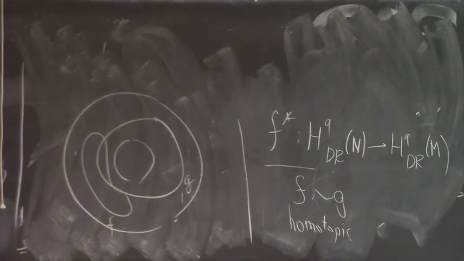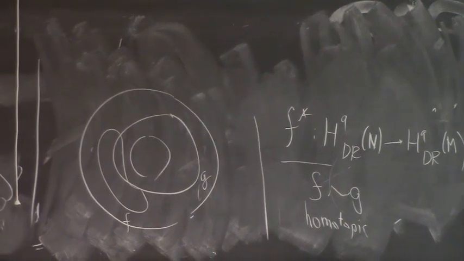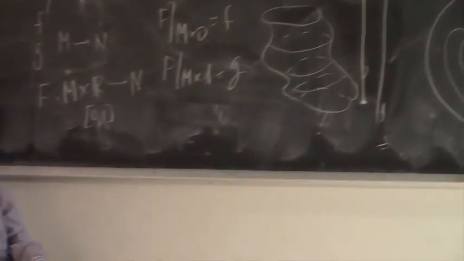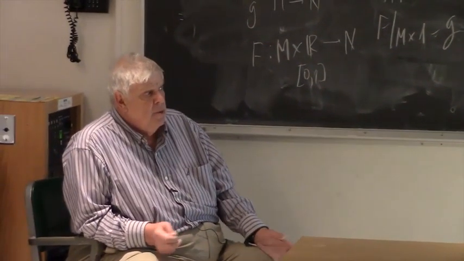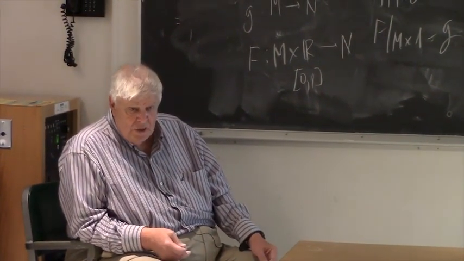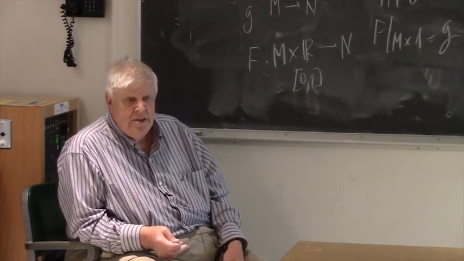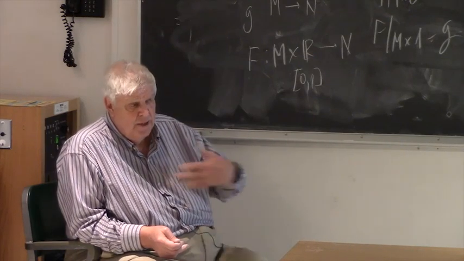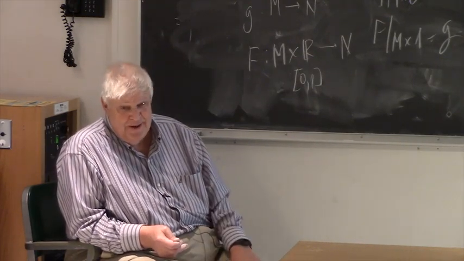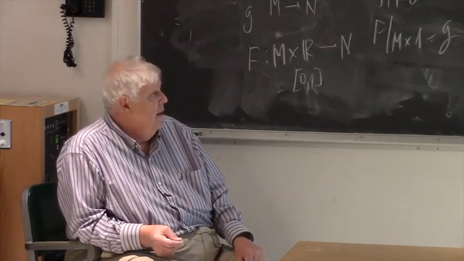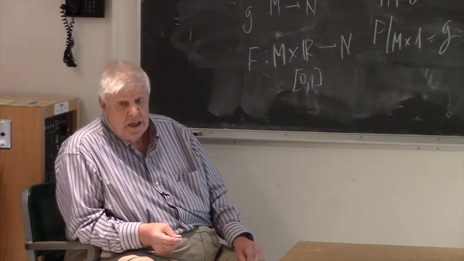So a circle is mapped into this annulus. In one case, the curve goes around the hole. In the other case, it doesn't go around the hole. These two maps are not homotopic. Easy to believe, not so easy to prove, but it is a fact. It is true. Not so easy to prove, mostly because it's always difficult to prove theorems which seem immediately obvious geometrically. What is there to prove? Certainly, just look at it. So maps may be homotopic or not.